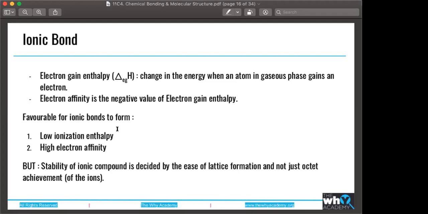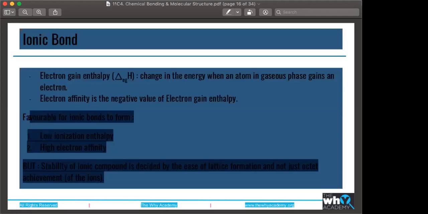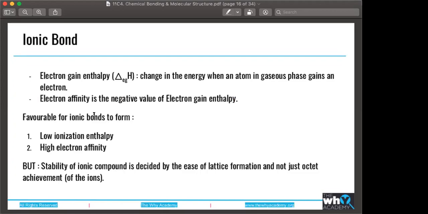The minimum amount of energy required to remove an electron from a neutral gaseous atom. Yes. So if ionization enthalpy is low, what does that indicate? That the electron can be easily removed. Yes. So that would be favorable for an ionic bond to form because that means the cation is forming easily.